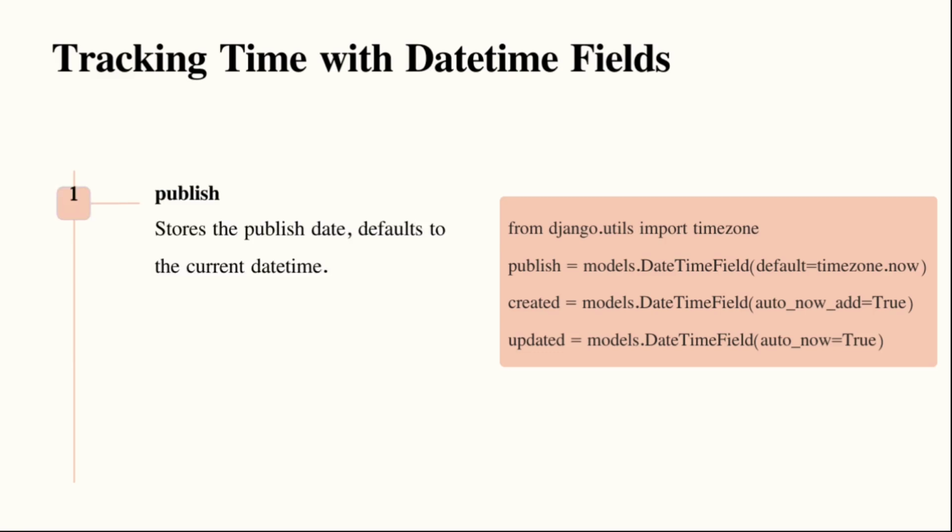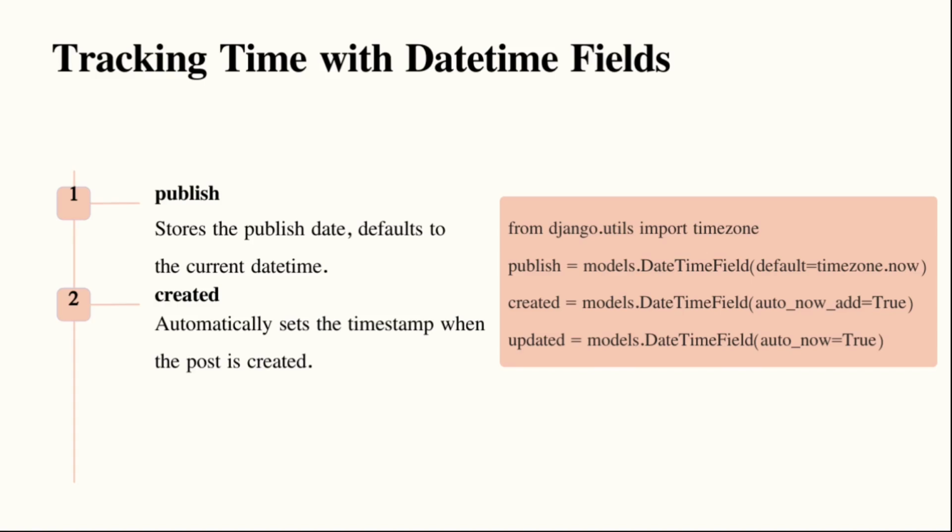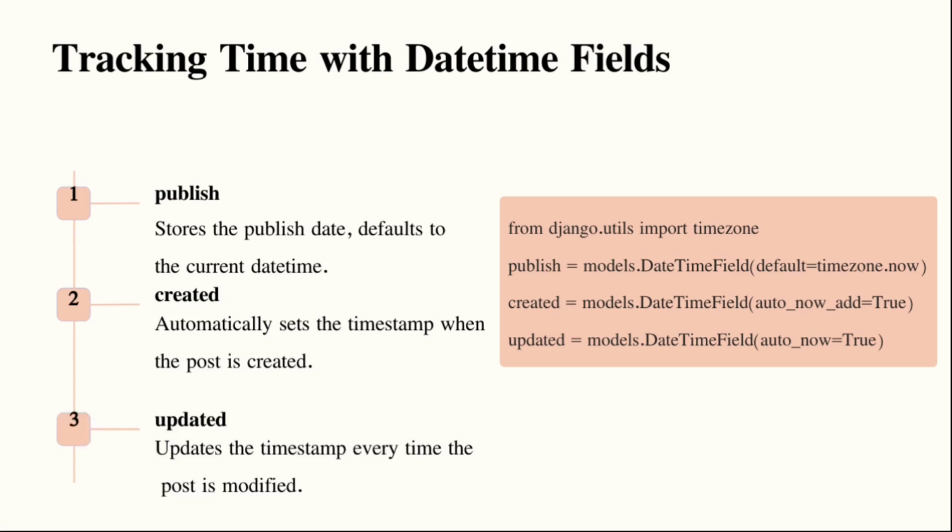First, the publish field, which stores the publish date, defaulting to the current date time. Second, the created field, which automatically sets the timestamp when the post is created. Last, the updated field, which stores the timestamp every time the post is modified.